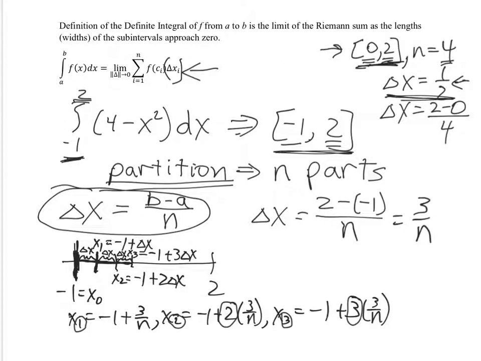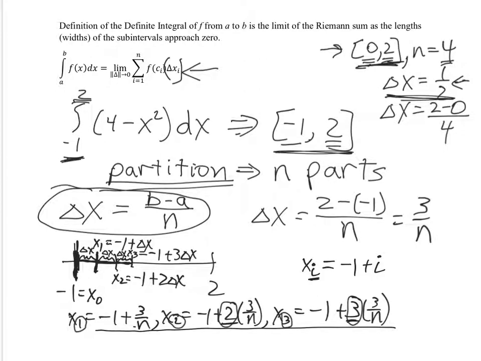We're going to be generalizing this, saying if we let x sub I be our partition, maybe it's x sub 10, maybe it's x sub 55, but x sub I would be represented by what? Well, as with all of these previously, we start out with negative 1 plus, how many delta x's are we adding to get to that?